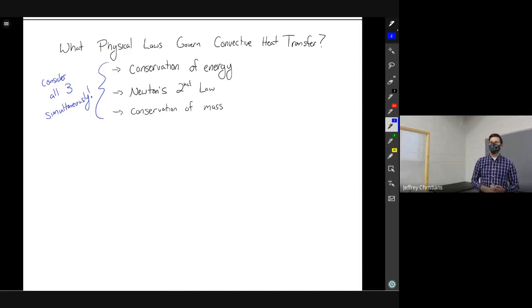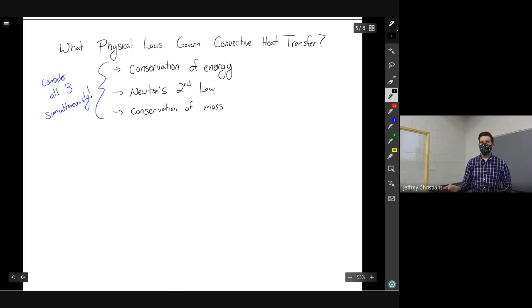And fundamentally, we have to say all three of these things must work all at the same time, all in the same region, all in that boundary layer. So these are really the laws that are governing what's happening. So we can use these to gain insight.